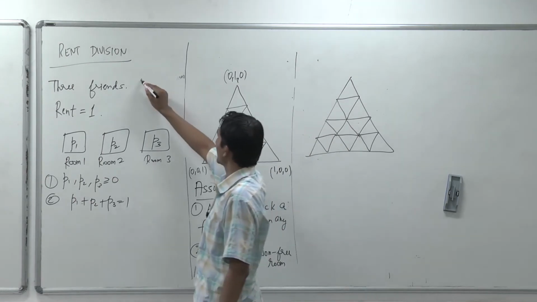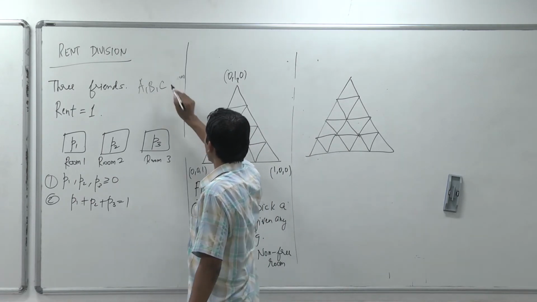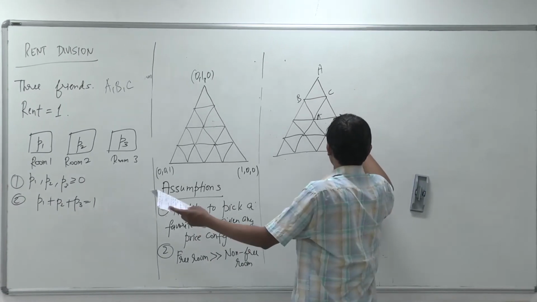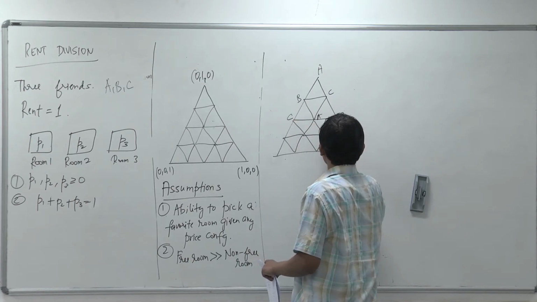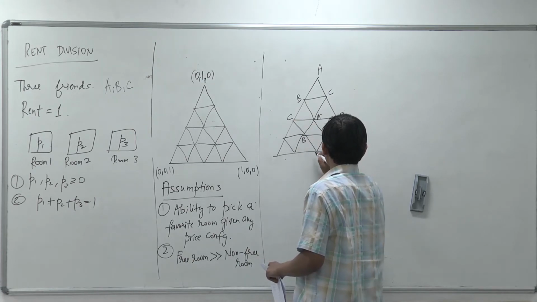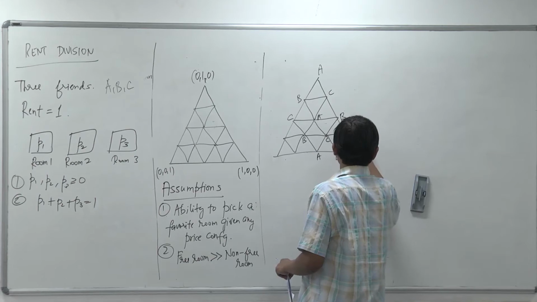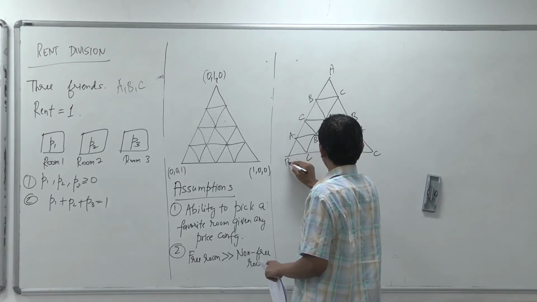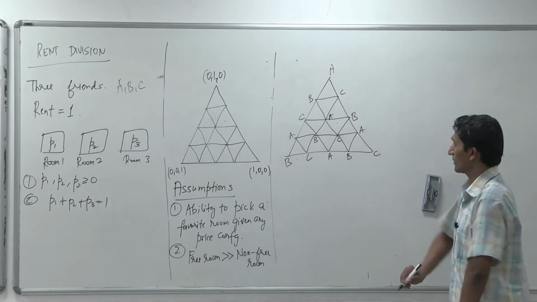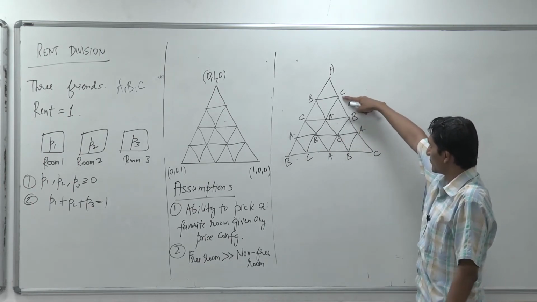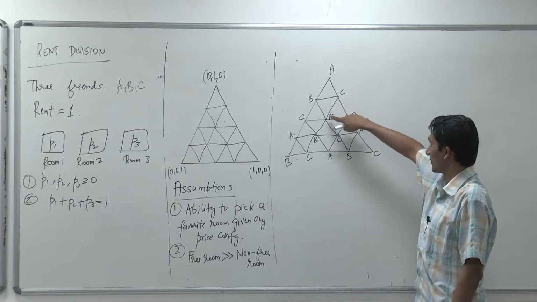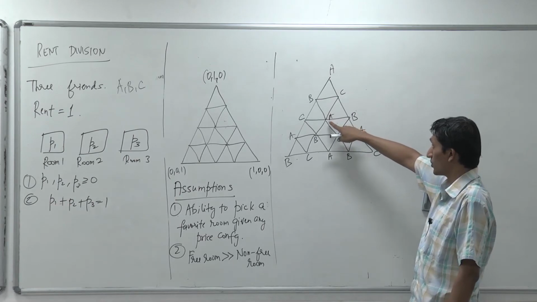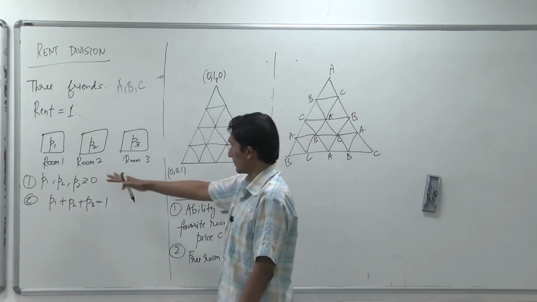The 3 friends are A, B, C. Basically repeating what I did there. For each of these price configurations, I'm going to ask the owner of that vertex, which room do you prefer? The rooms are numbered 1, 2, and 3.